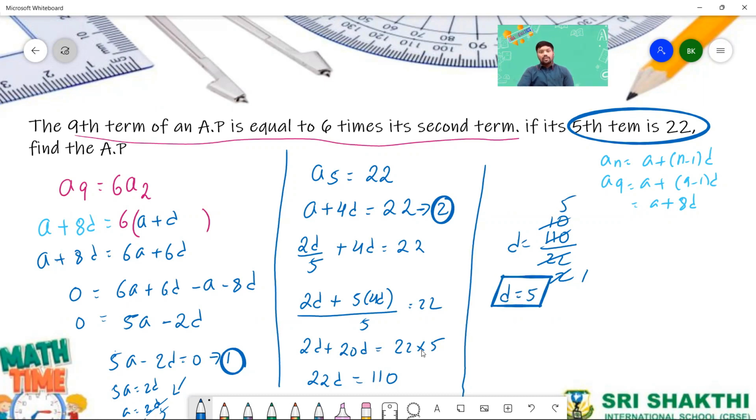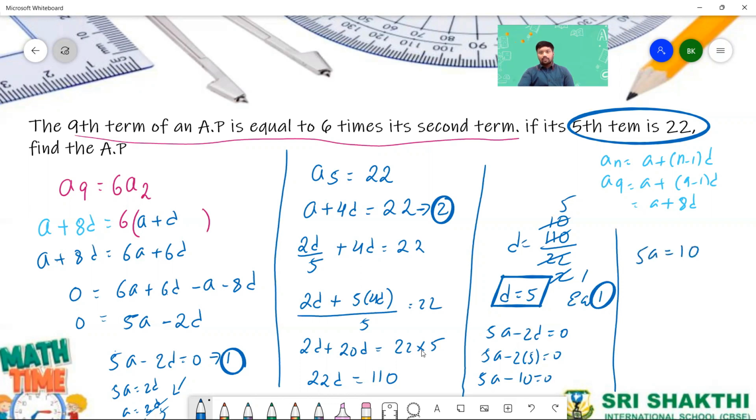Substitute this d value in any equation, and always make sure that you go with the simpler equation. So I substitute in equation 1: 5a minus 2d is equal to 0, and d is 5. 5a minus 2 into 5 is equal to 0, so 5a minus 10 is equal to 0, which means 5a is equal to 10. The a value is 10 by 5, that is a is equal to 2.